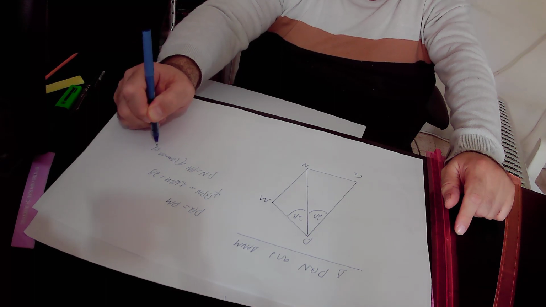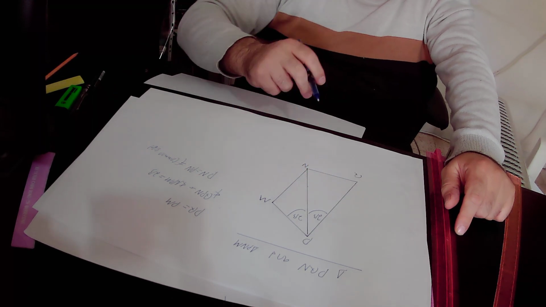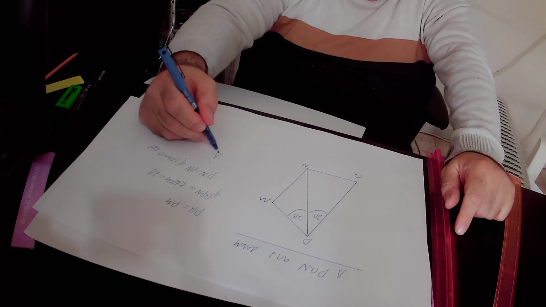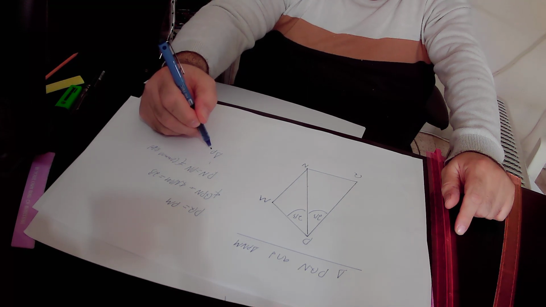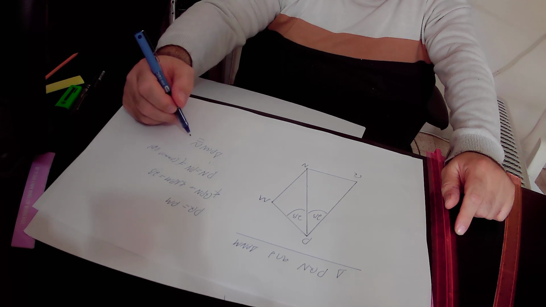So we actually proved that those two triangles can go into each other according to the side angle side rule: triangle PQN is congruent to triangle PMN.